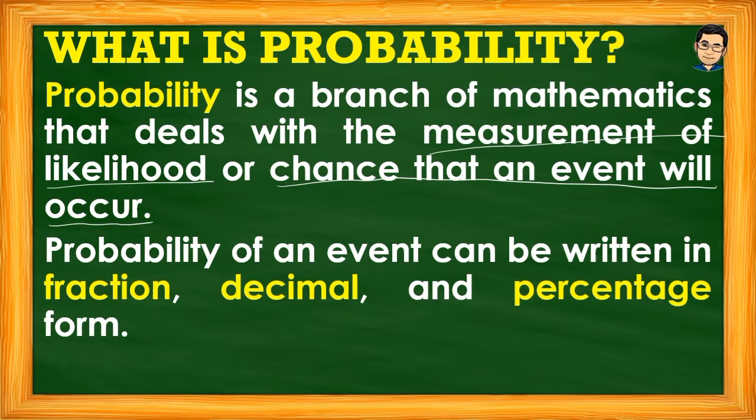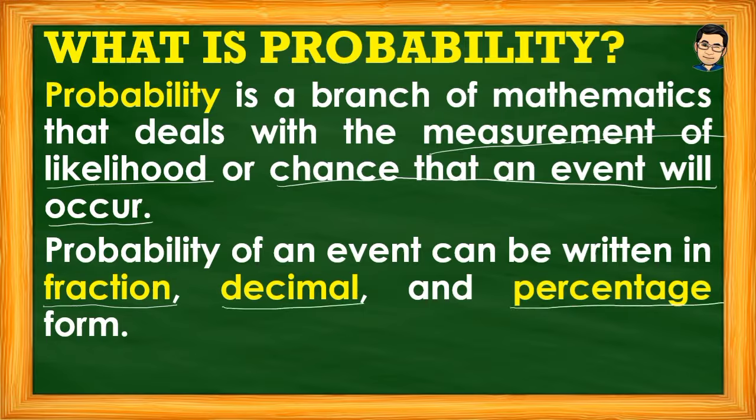So probability of an event can be written in fraction, decimal, and percentage form. So when you were in grade 8, you have there the lesson on probability of simple events, di ba? So tinuruan kayo kung paano i-express yung sagot nyo kung probability of an event ang ating pinag-uusapan. So, again, we can express our answers by fraction, by decimal, or percentage.